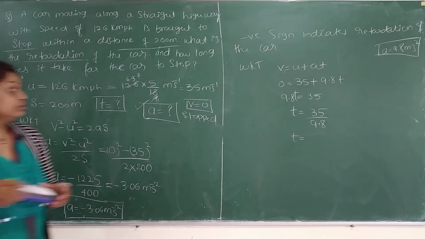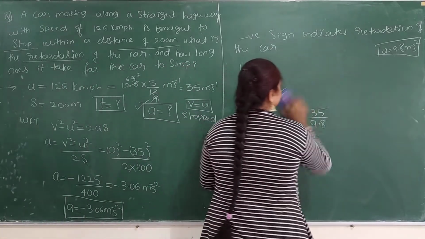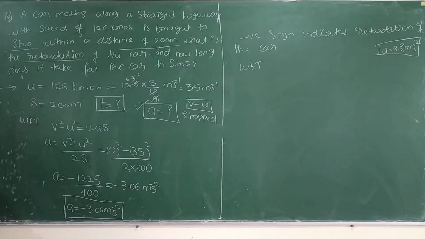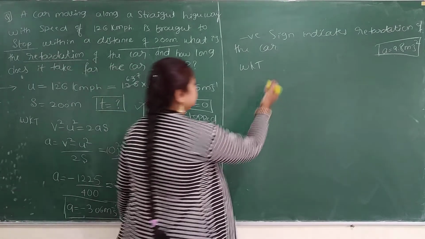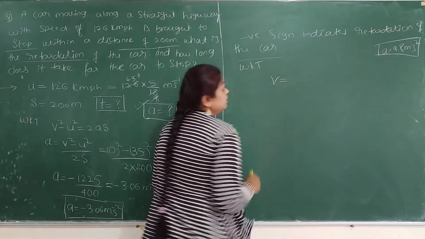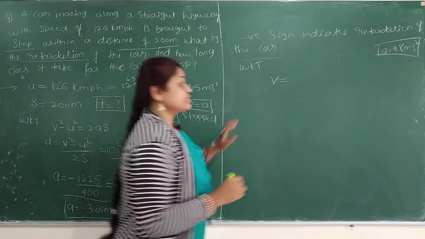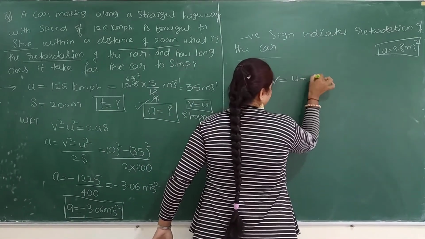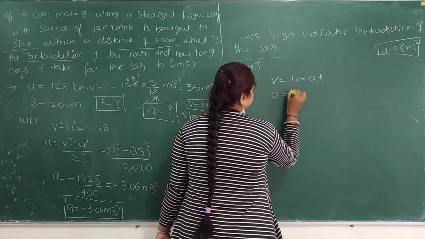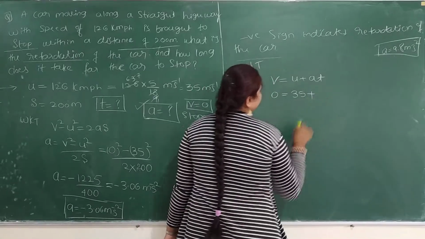Wait a minute, we did it wrong. To find the time, we have the equation of motion, the first equation, v is equal to u plus at. Here v is 0 and the initial velocity is 35 plus a.